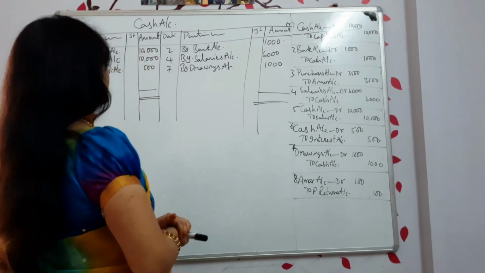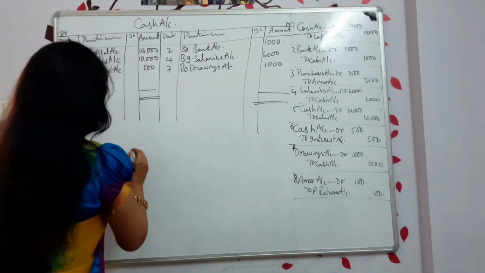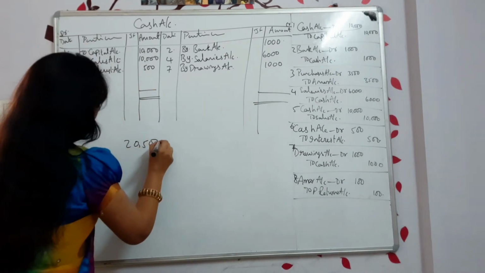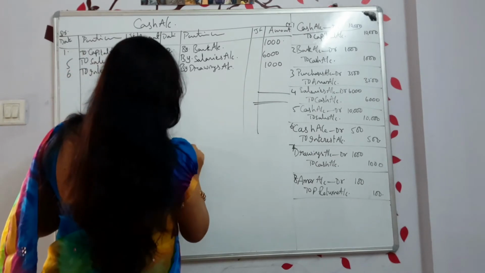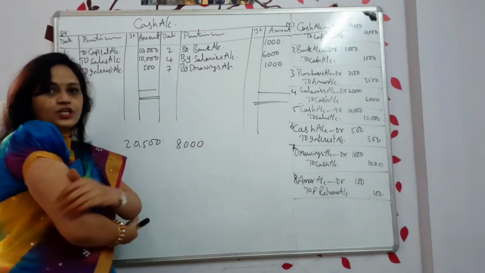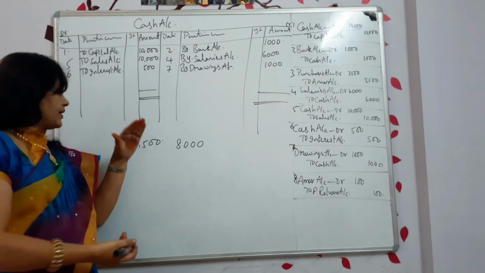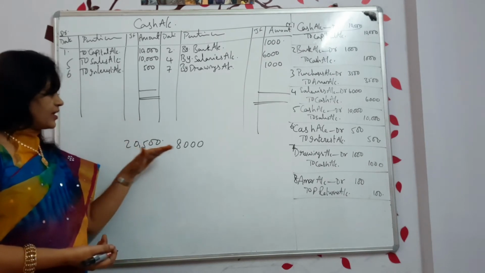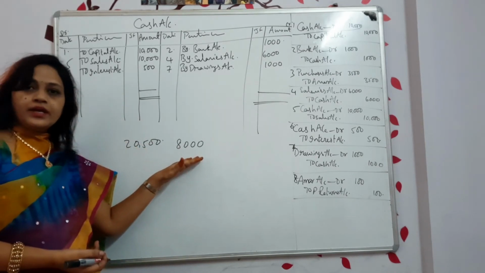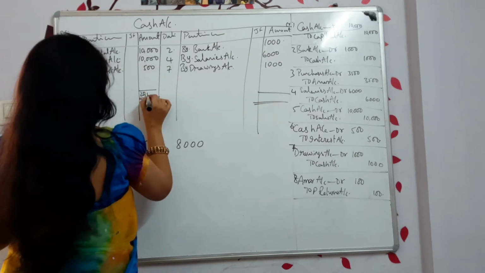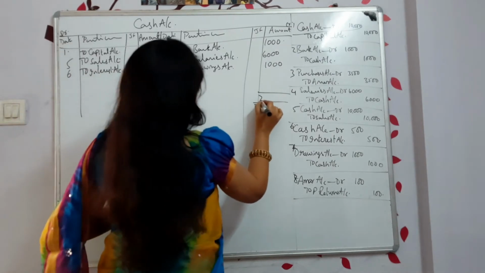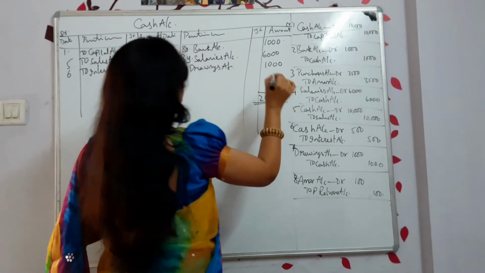Which side has how much? Debit side, my total is 20,500. Credit side, my total is 8,000. Whichever side is more, on that side I will write 20,500. Again 20,500.